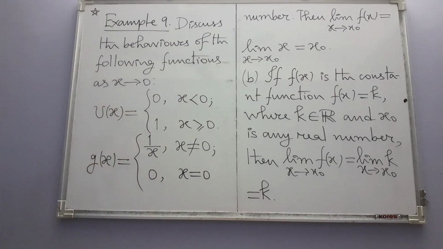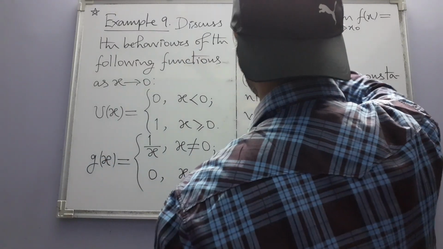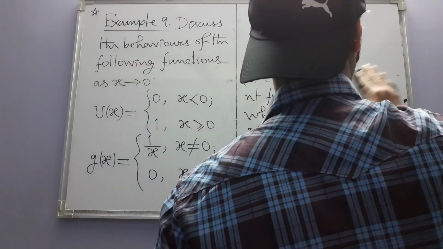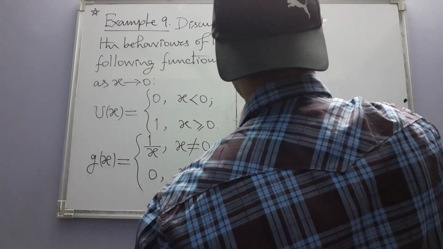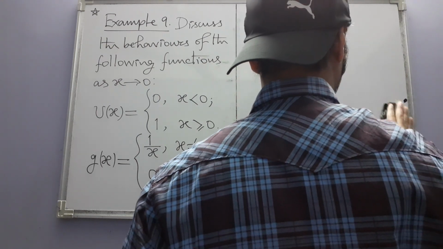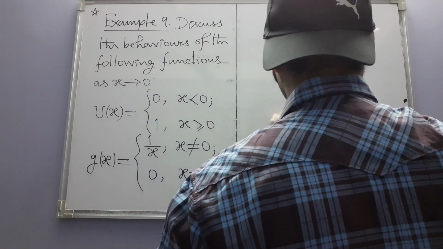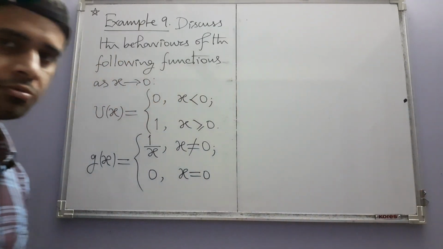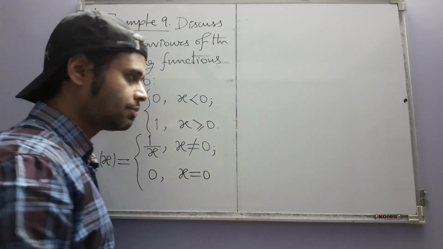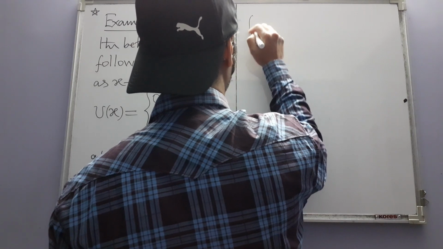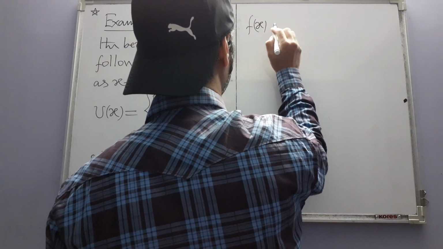And there is one more, which is the most complicated of these 3. Now, because of a lack of an exact definition of limit, the best thing we can do in analyzing such functions is to draw their graphs, which is what we are going to do.